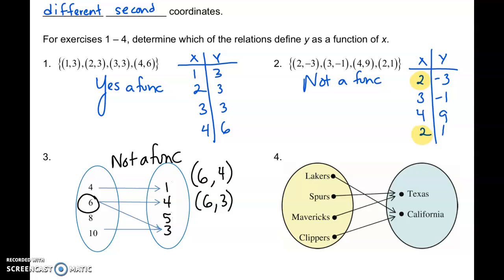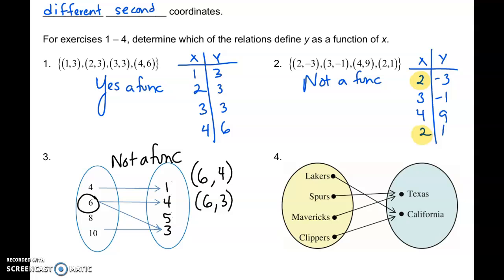And then the last one here, we have the Lakers pairing with California, the Spurs pairing with Texas, the Mavericks pairing with Texas, the Clippers pairing with California. These are all separate x values, or first coordinates, and they pair with a second coordinate.